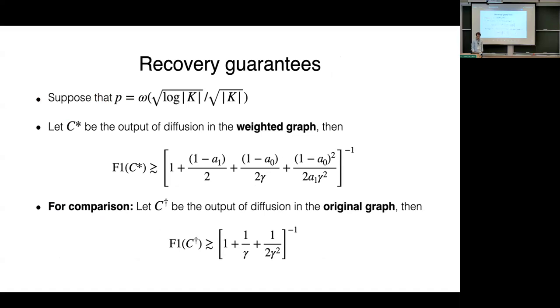Let's begin with just diffusion on the original graph, no reweighting scheme whatsoever. Here, C dagger is the output of diffusion on the original graph, and here is the F1 score. You can see that it's just bounded by the structural signal of the graph.